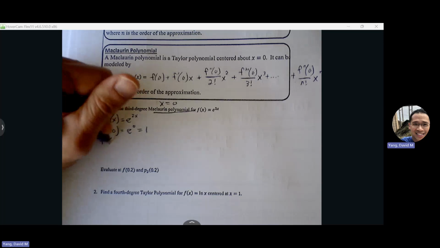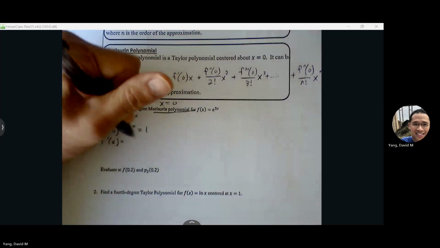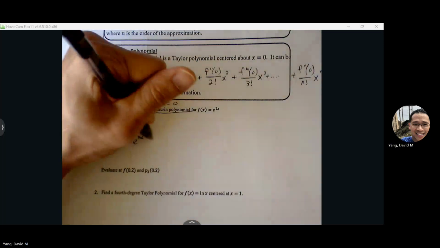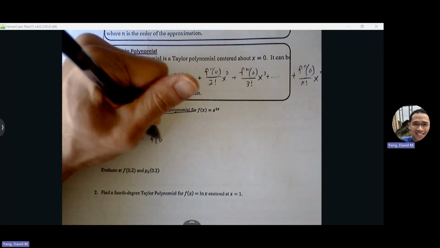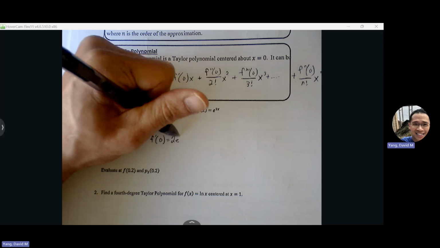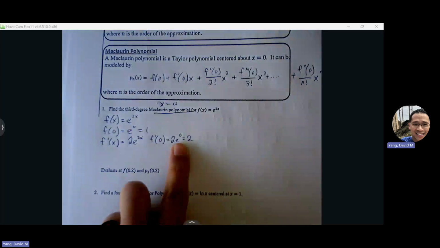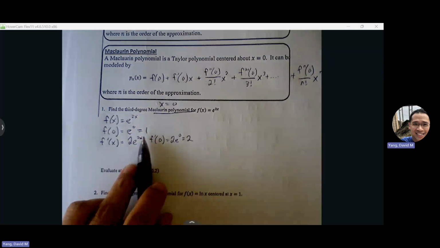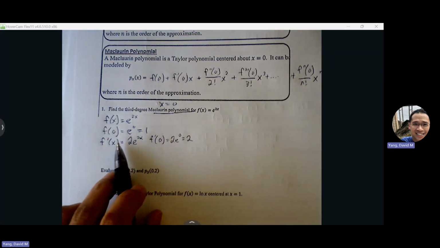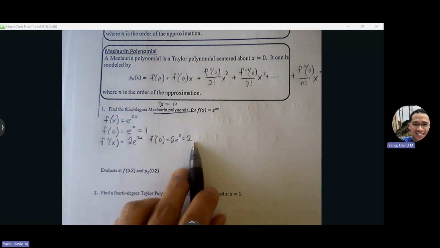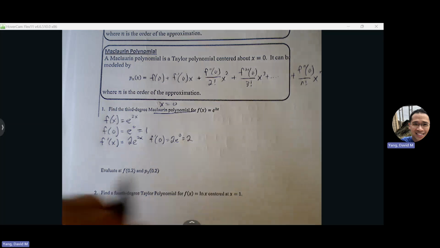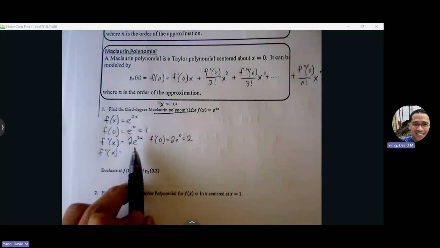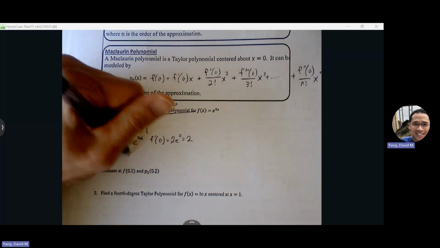f prime of x is e to the 2x times 2. And so f prime of 0 would just be 2e to the 0, which is 2. So at 0, the y value is 1. At 0, the slope of my exponential function is 2. f double prime of x, we just go through the e to the u rule again. We get 4e to the 2x.